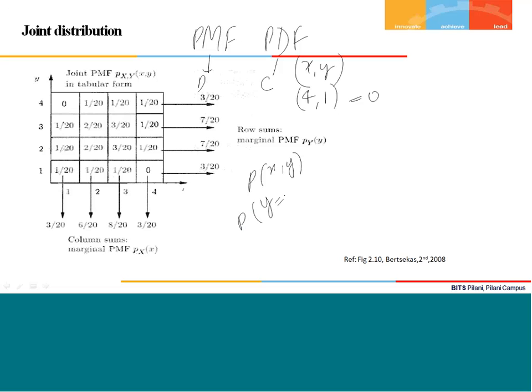Probability of y equals 1 is equal to the probability of x equals 1, y equals 1, plus probability of x equals 2, y equals 1, plus probability of x equals 3, y equals 1, plus probability of x equals 4 and y equals 1. So y can take the value 1 in these 4 different conditions.